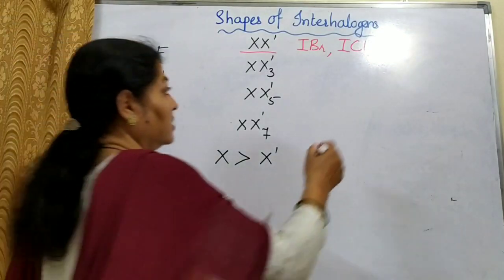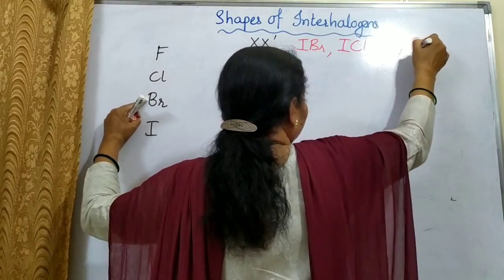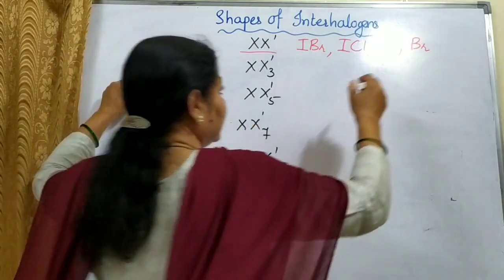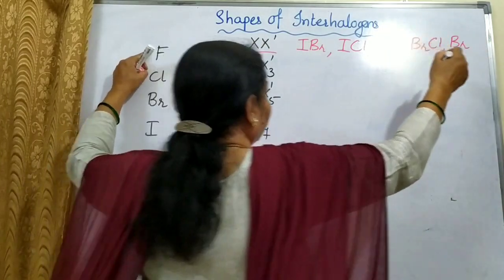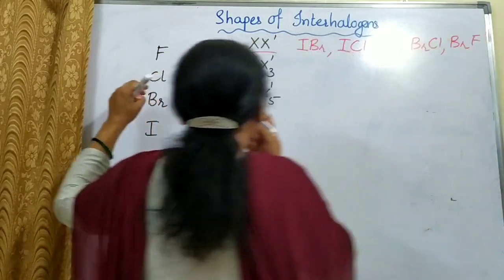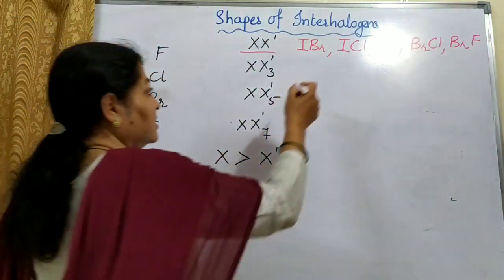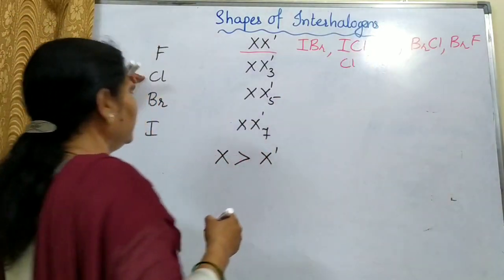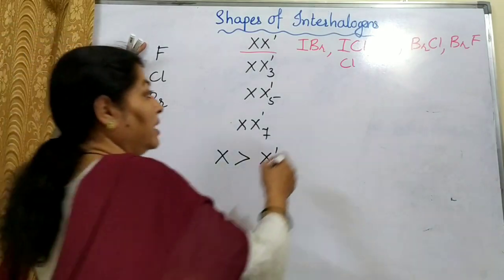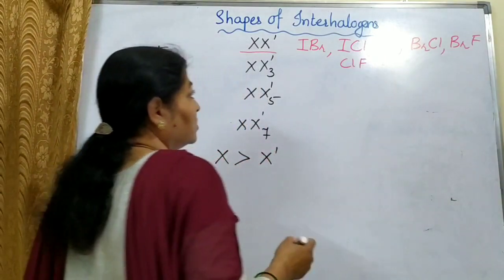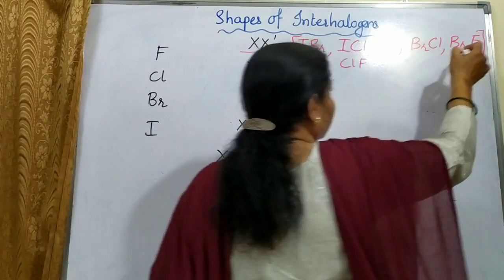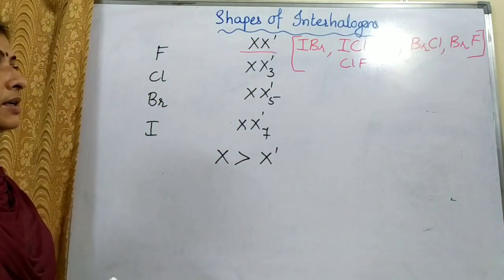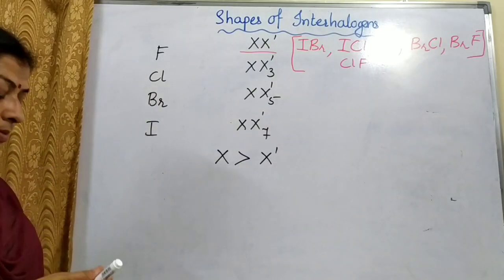Then if Br is the bigger atom, Br can combine with Cl and Br can form a compound with F. And the last one, Cl: if Cl is the bigger atom, then it will have only one possibility, to combine with F. So these are all the interhalogen compounds formed by the different possible combinations.